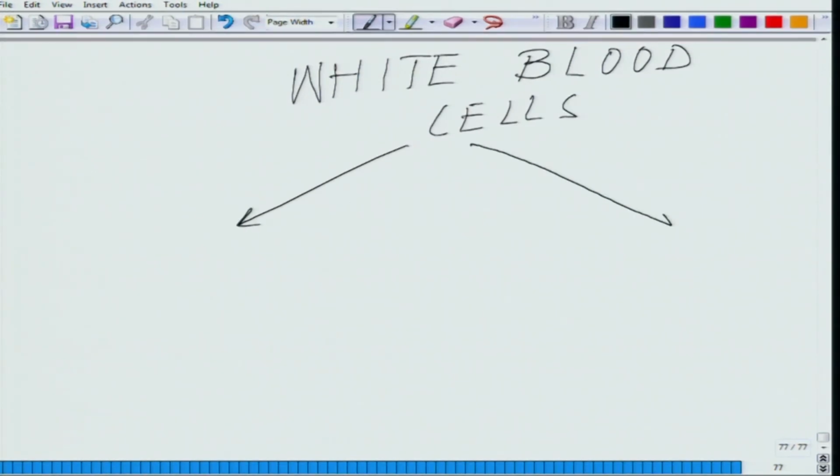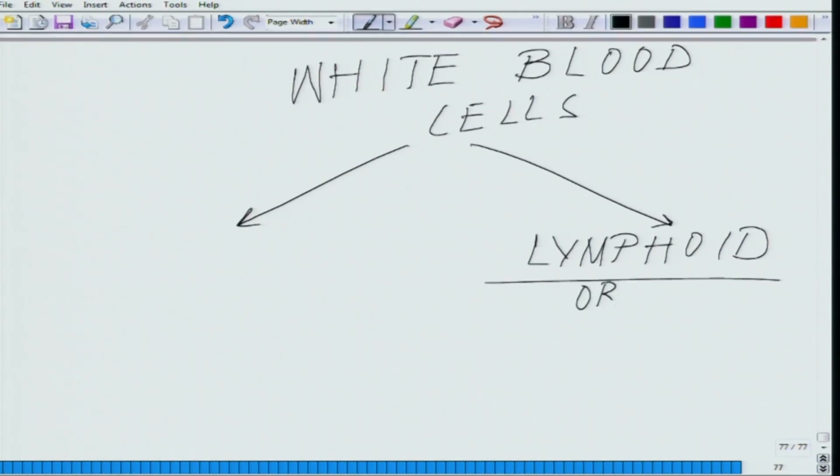As I told you, I have already shown this layout: lymphoid origin and myeloid origin.